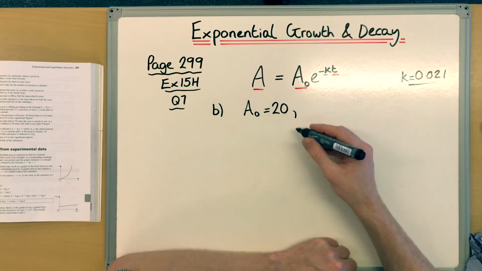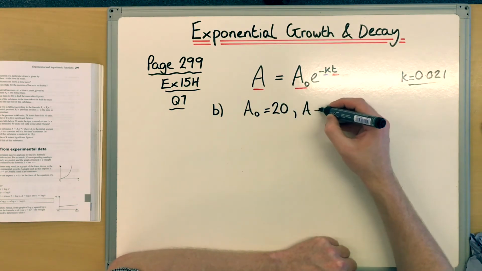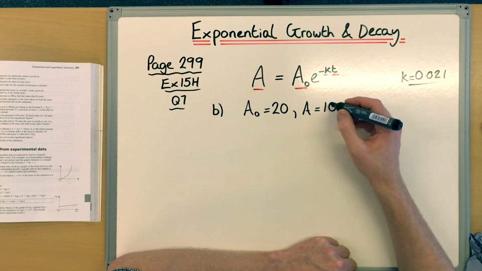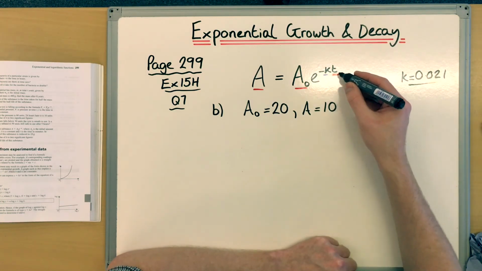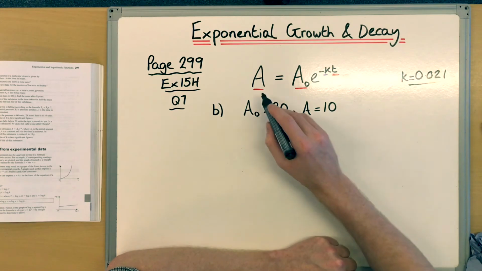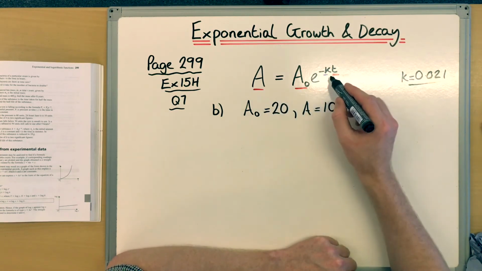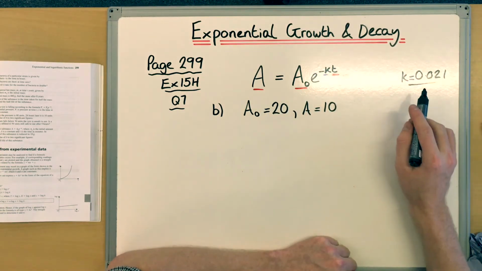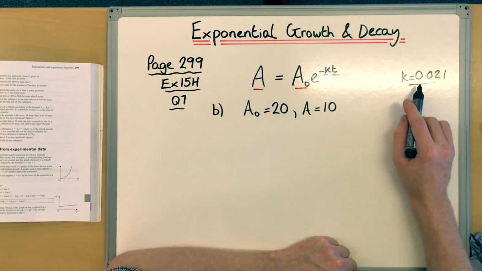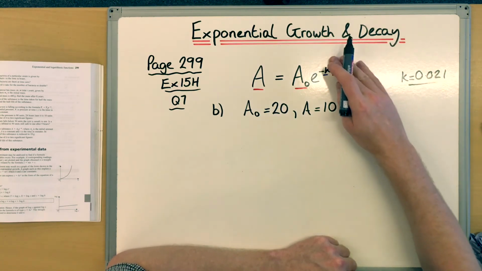And what I'm looking for is when this value becomes 10. And my answer is going to be a time. T is what I'm looking for. Now, I know two of these variables. I actually know what K is now as well. So I'm going to rub this out and replace K with 0.021.